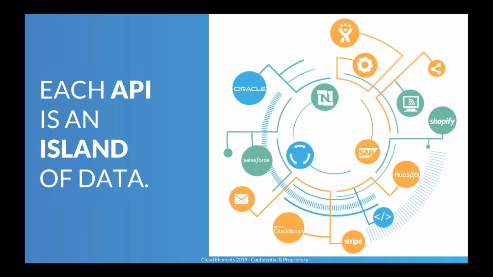Without a platform that's specifically designed to integrate and have pre-built integrations into those endpoints, each one of those is not only an island of data, but a lot more unique as well. So you end up doing custom point-to-point integrations.